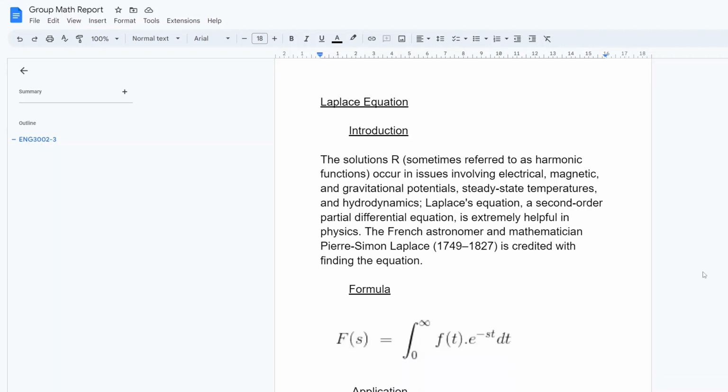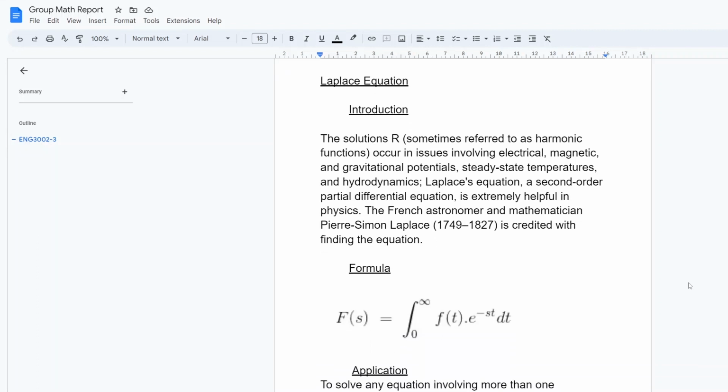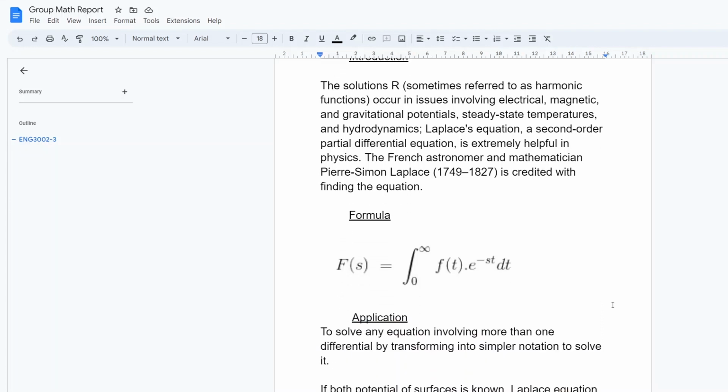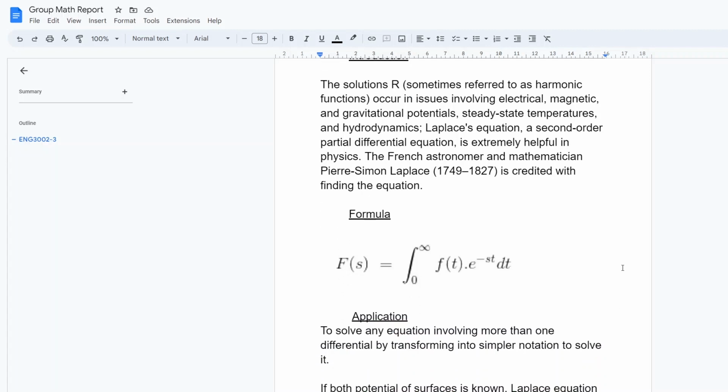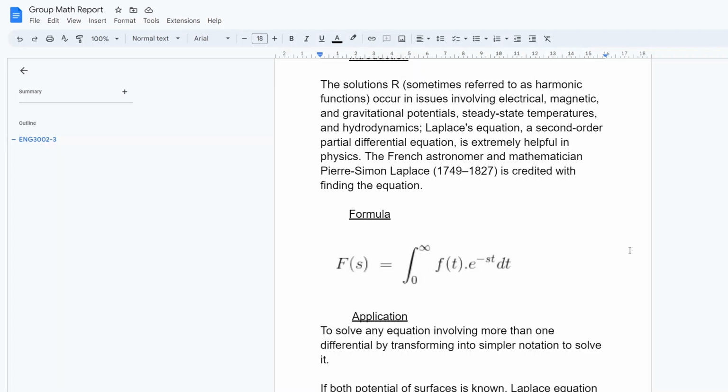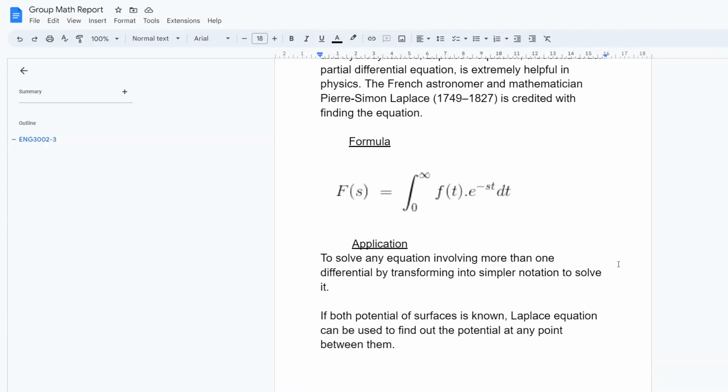So the Laplace equation is a formula, a solution, that involves electrical, magnetic, and gravitational potentials, steady state temperatures, and hydrodynamics. It is credited to Pierre-Simon Laplace, a French astronomer and mathematician, for finding the equation.